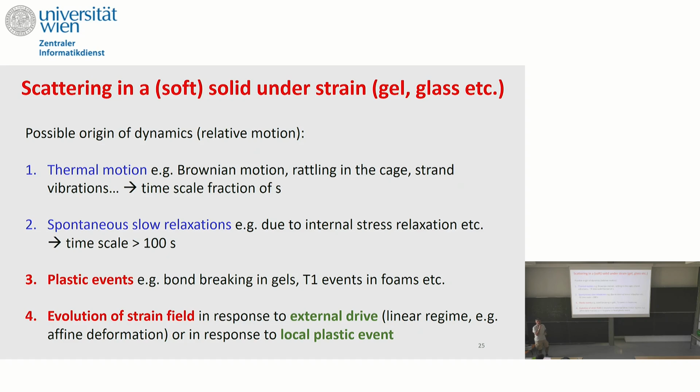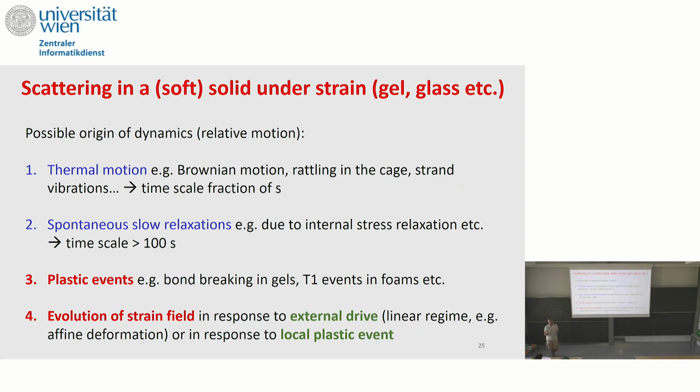Then there is something which is more subtle, but it is at least as important, maybe even more. You have to think that in general, when you do some kind of rheology experiment, you have an evolution of a strain field in your sample. And light scattering is also very sensitive to that. What do I mean by evolution of strain field?